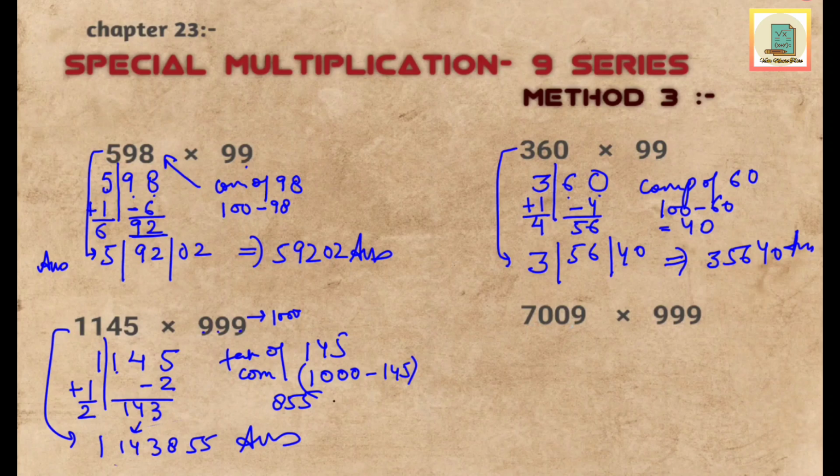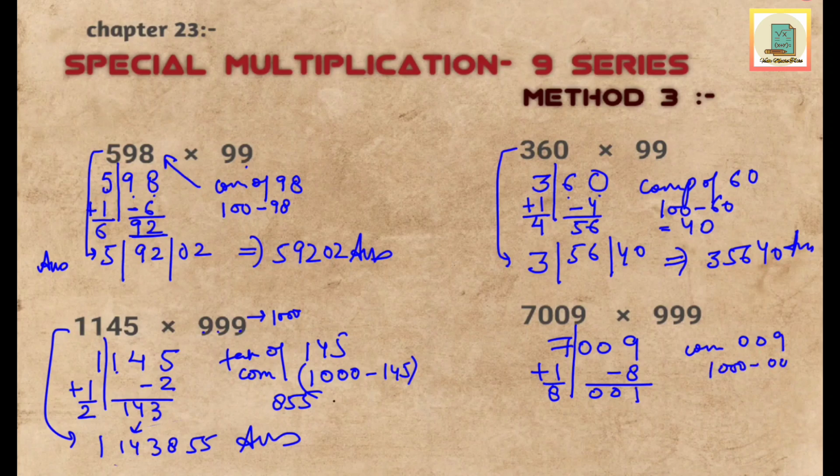So it's a 4-digit number multiplied by 3 nines. So here also write the number as it is. And here the nines are 3. So leave 3 digits from the right hand side and make a partition. Now add 1 in the first partition and we get 8. So minus 8 gives you 001. Now the complement of 009. So it will be subtracted from 1000.